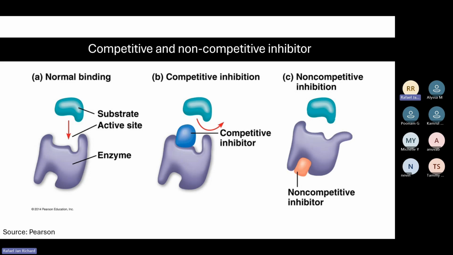But an allosteric inhibitor or a non-competitive inhibitor binds to a regulatory site of the enzyme. This is, for example, in hemoglobin and in other enzymes and proteins, where the affinity of the substrate to the enzyme increases or decreases if an inhibitor, or an activator, it can also be an activator, is present.